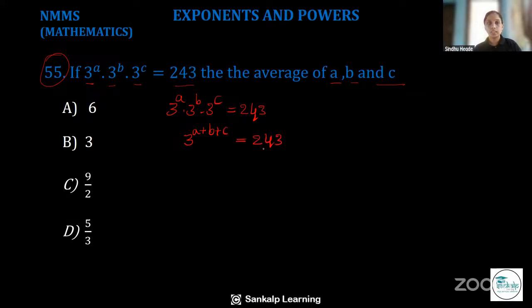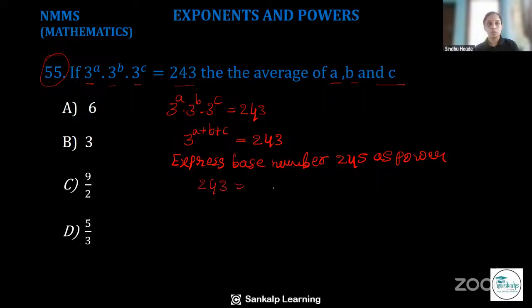Now this 243 is a base number, so express it as a power. 243 is the power of 3 raised to 5. 3 multiplied 5 times gives 243.